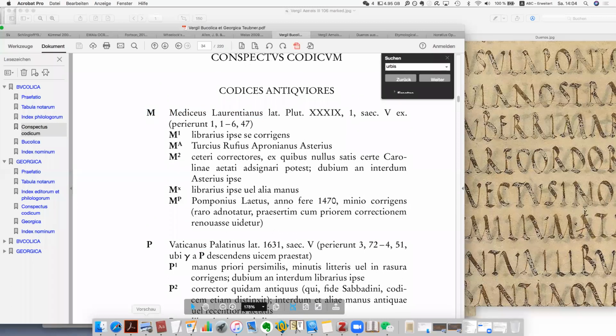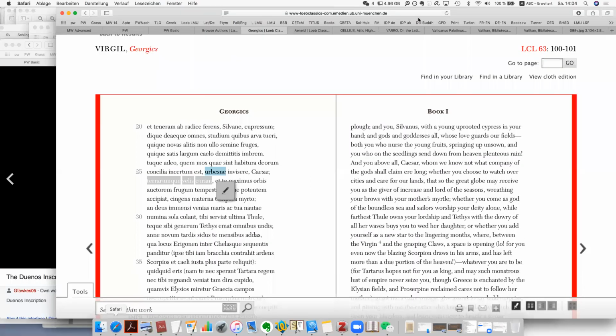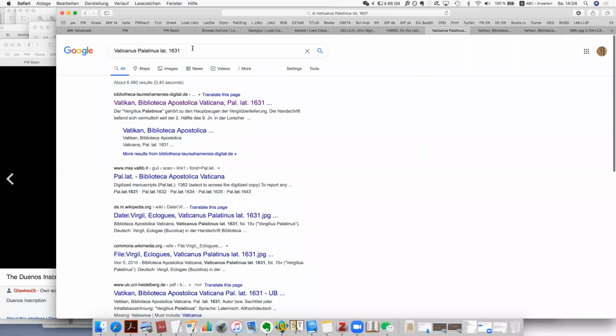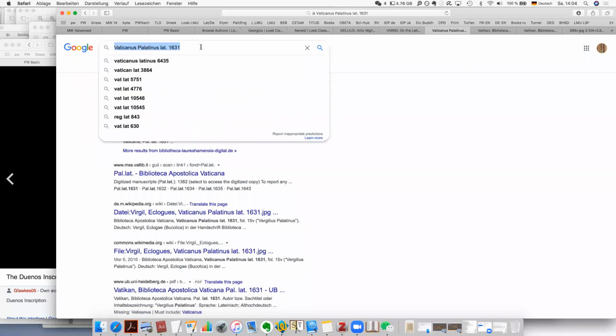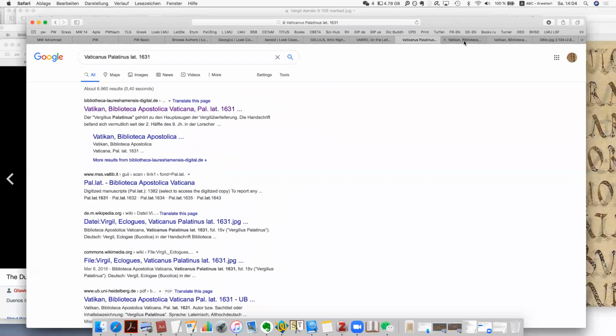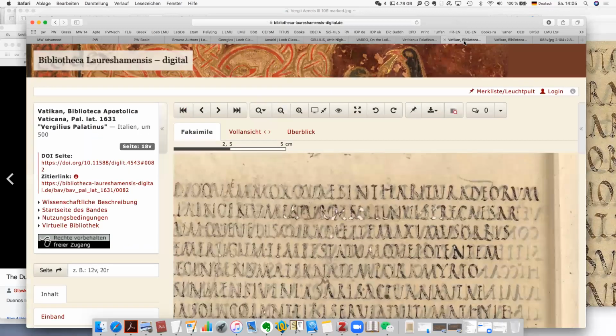And actually, if you search it in Google, you copy this manuscript name and number, and you find it on this website. It's actually the Vatican library. They have digitalized a lot of manuscripts. So this is actually one of them.